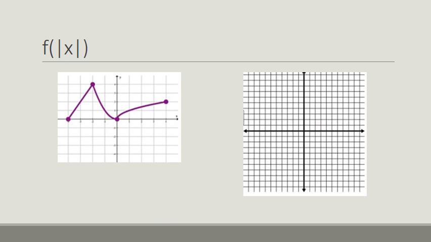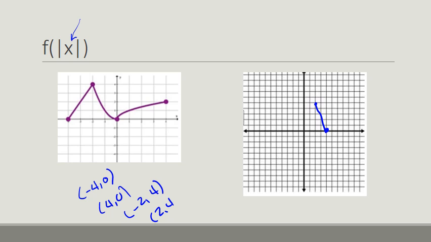All right, so now with my absolute value on the inside, all of my x values become positive if they're negative. So that point negative 4, 0 becomes 4, 0. The point negative 2, 4 becomes 2, 4.